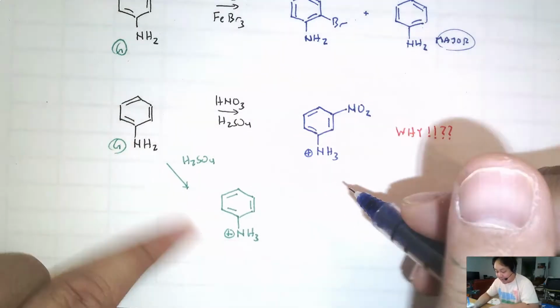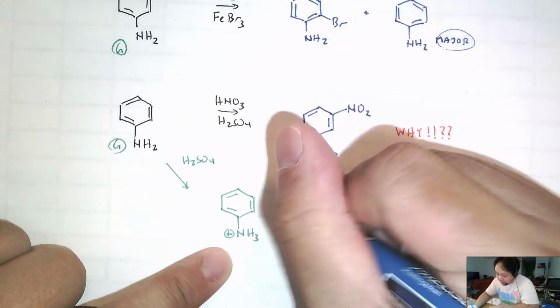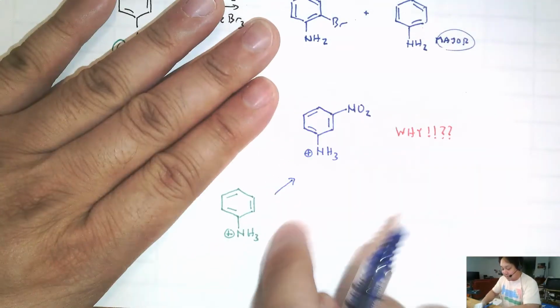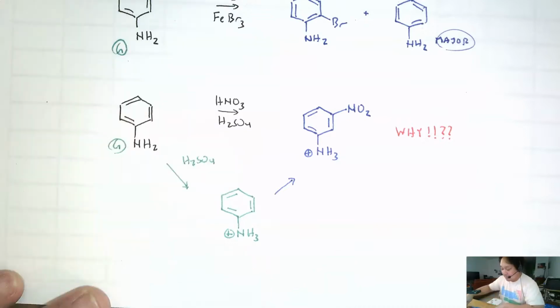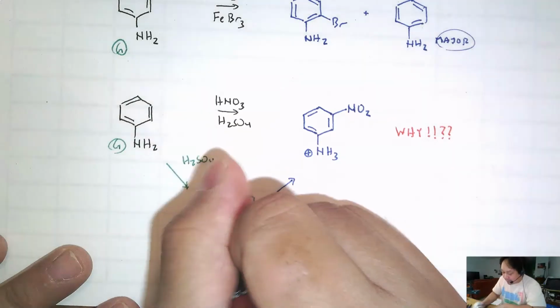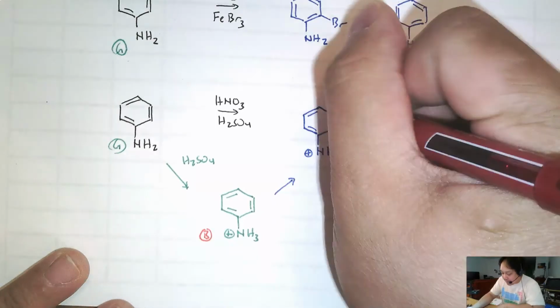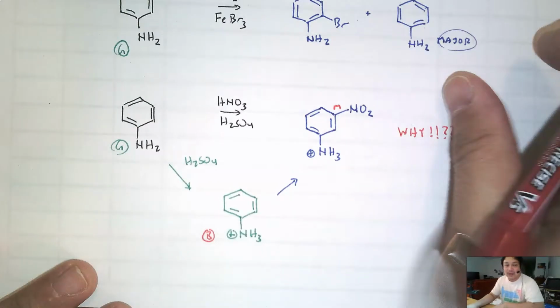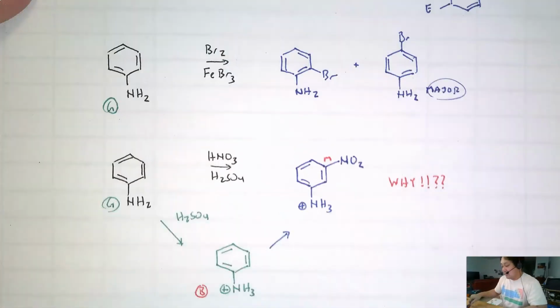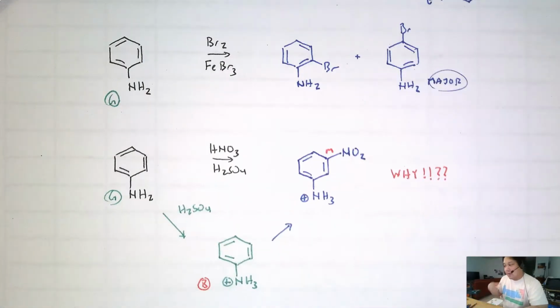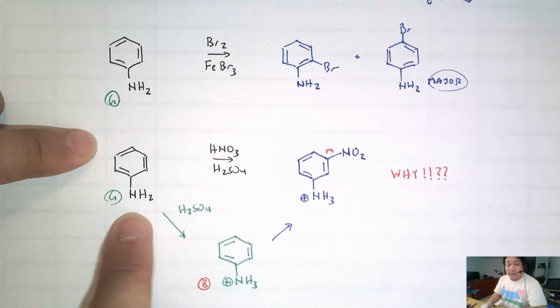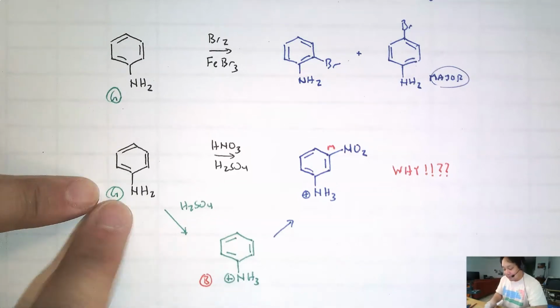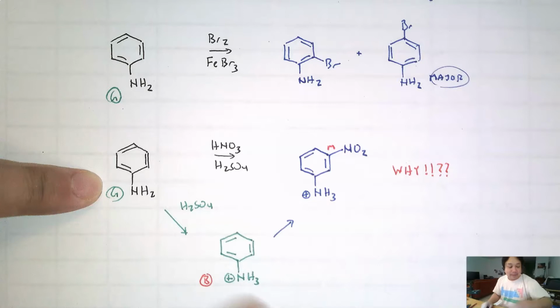See, proton transfers are very fast, so you will get this right away, and then pretend you do a nitration on this molecule. This is a bad group. We'll put B for bad. And those direct in the meta position. Okay, so that's one of the tricks: you do want to put yourself in the right mindset and ask yourself, well, yeah, I'm studying electrophilic aromatic substitutions, but you can't forget the fact that you could also do an acid-base reaction. And here we converted the good group into a bad group. Okay, just watch out for that trick.